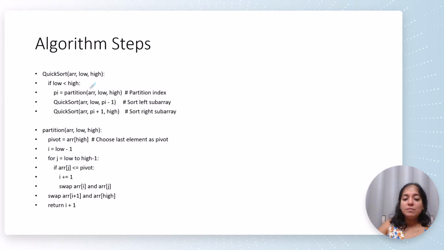This is the algorithm. First of all we call the partition algorithm, which partitions our array, and then it's a recursive process. Again, partition the left subarray and the right subarray. This is the algorithm for partition.